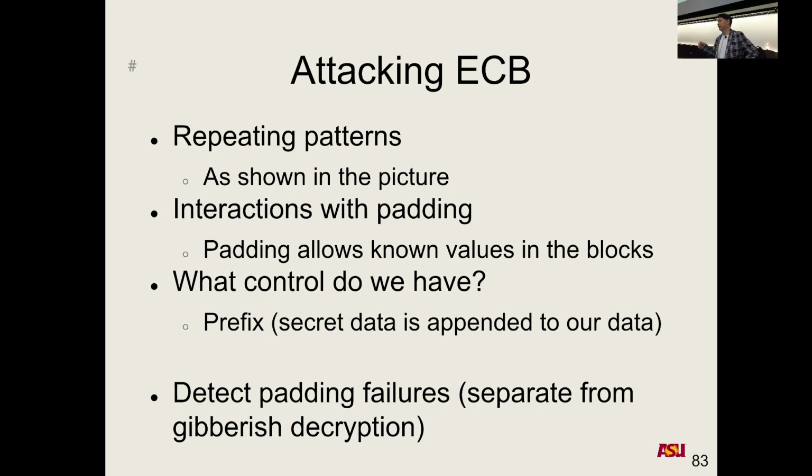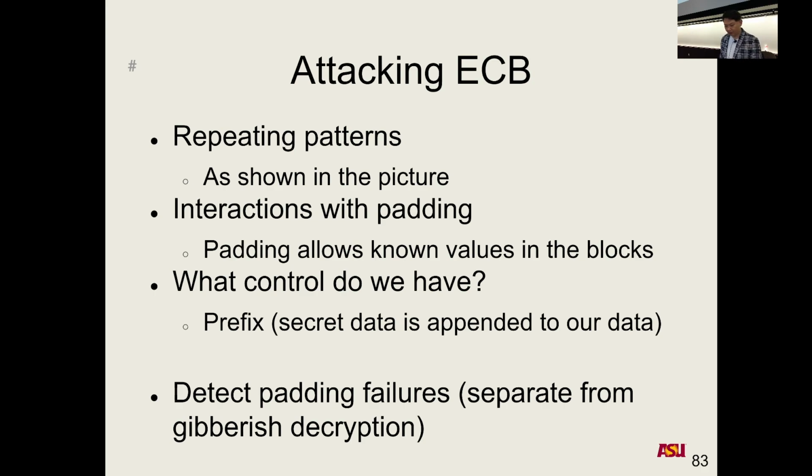The padding value will be the number of padding bytes, right, in PKCS#7. So padding allows us to know the value added to the plain text. That leads us to predict the pattern in the ciphertext, right?